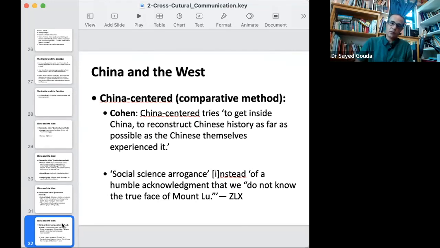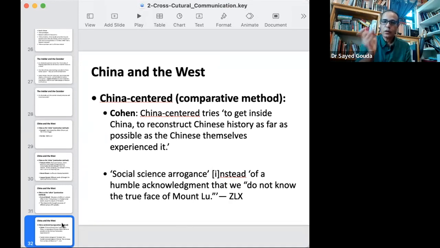It's their arrogance that what fits them must also fit other people or other nations, and that they should or could understand the history better than the natives. So instead, he says, instead of this social science arrogance, we need a humble acknowledgement that we do not know the true face of Mount Lu.